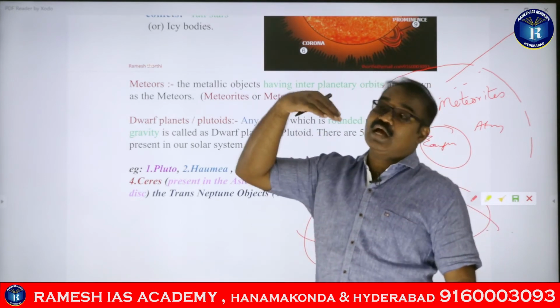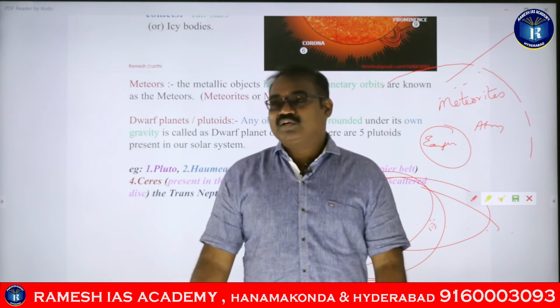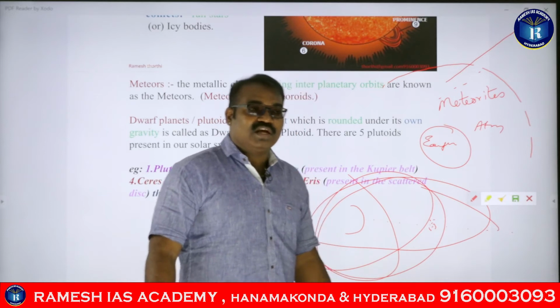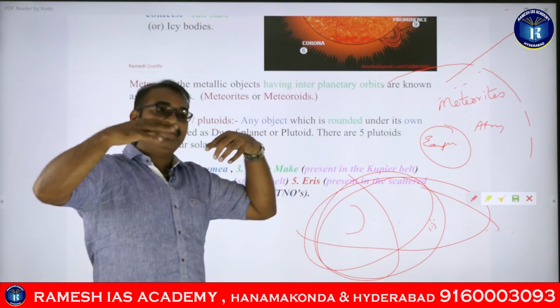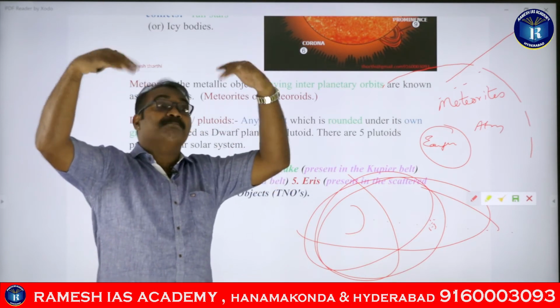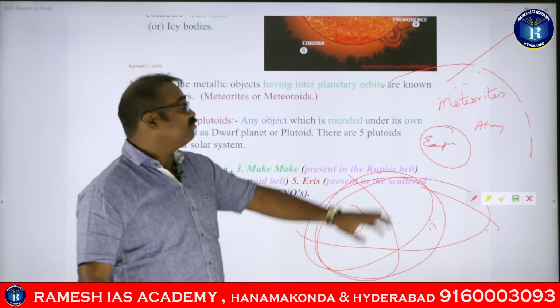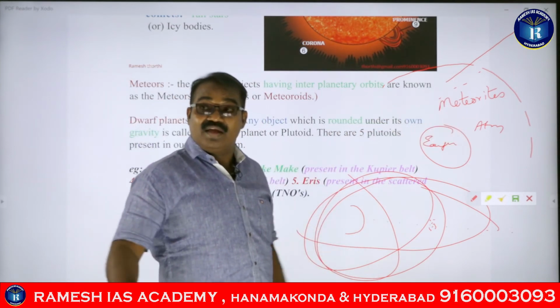If they are above the mesosphere, we cannot visualize the meteoritic showers. Why are we calling them showers? Because it is not one meteor which is coming. Hundreds of them will be coming and hundreds of them will be burning and falling towards the earth. When they get completely burned off, they will be called meteorites, right?